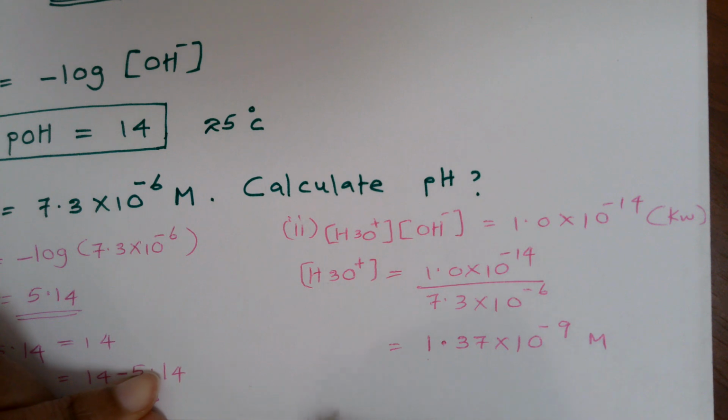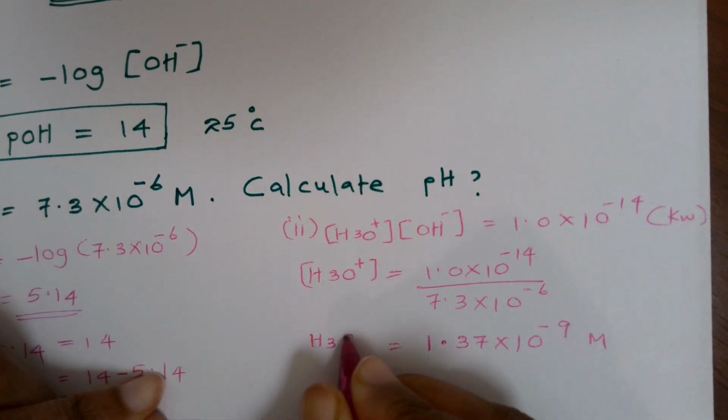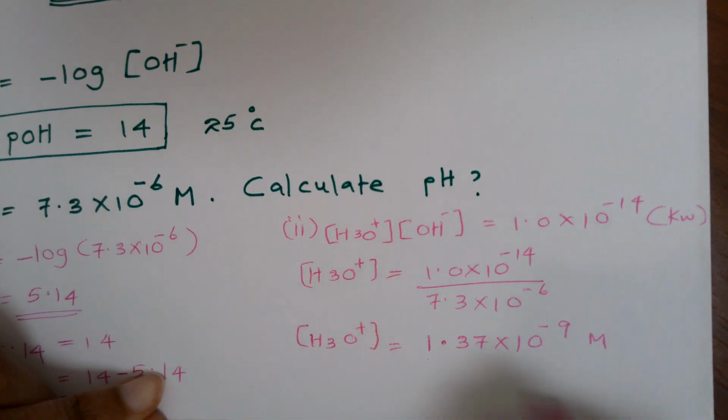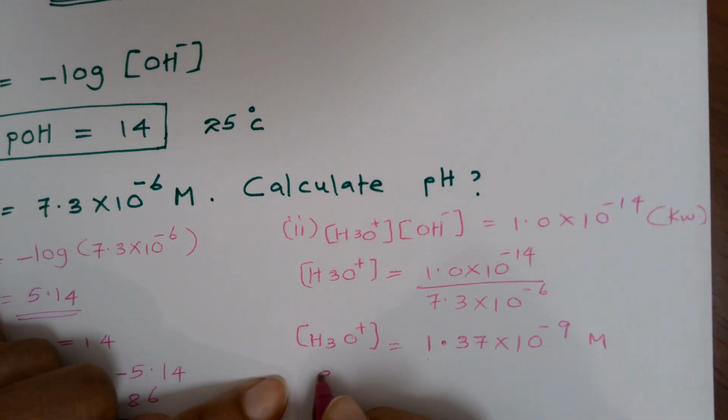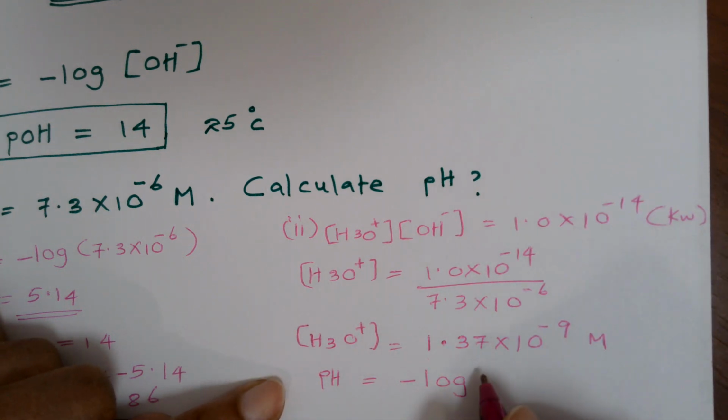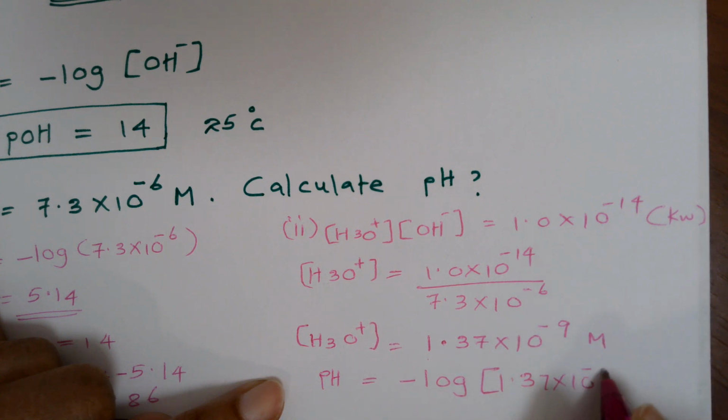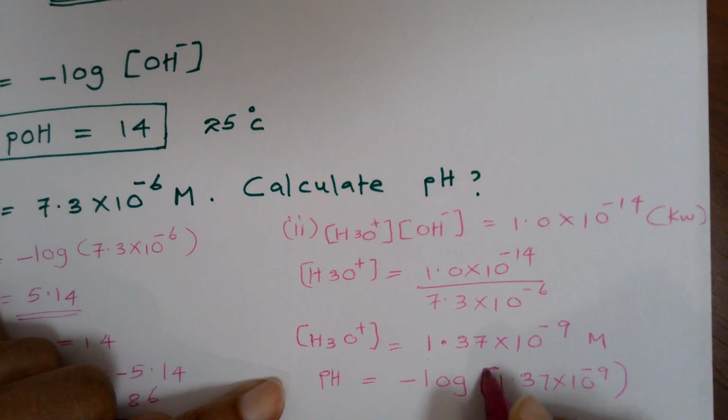Now let's calculate pH using the H3O+ concentration. Negative log of this number is equal to pH. pH is equal to negative log of 1.37 times 10 to the negative 9 molar.